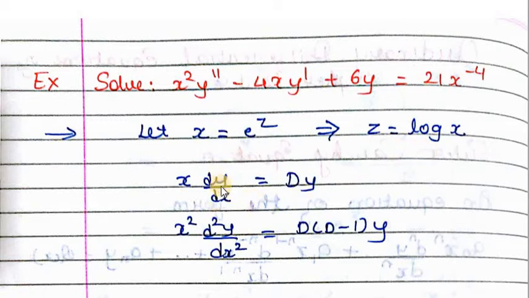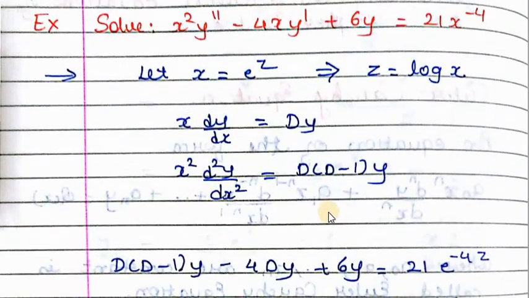Now, as discussed earlier, we have x dy by dx equals capital D y, where this capital D is d by dz, and x square d square y by dx square will be D (D minus 1) y.